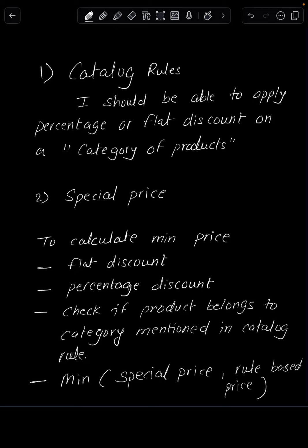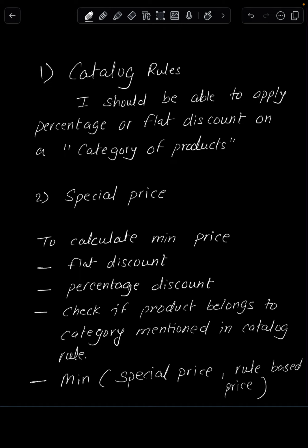And we still haven't fully gone into the complexity of the Magento pricing model. Catalog rules, special pricing, these are only two kinds that we have discussed, right?